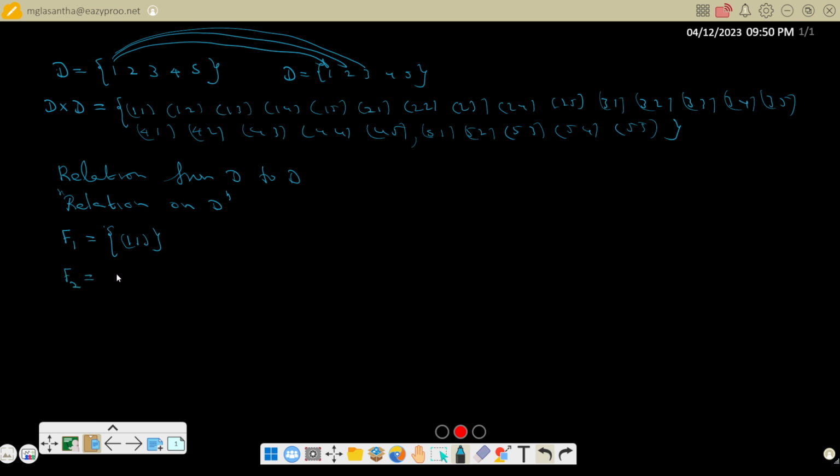F2: (1,3), (1,5). F3: (4,4), (5,1), (5,2).